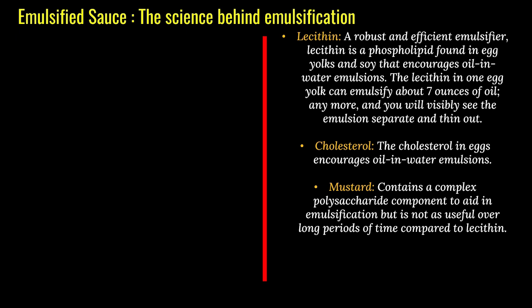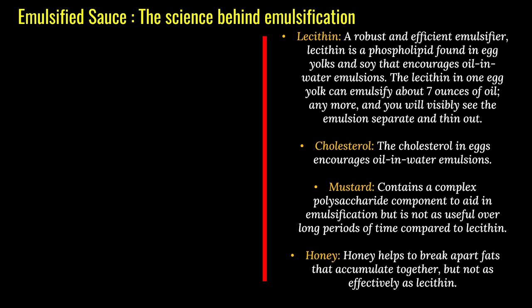So out of these three we have discussed till now, lecithin, cholesterol and mustard, lecithin is supposed to be the best one. And there is another one for you, that is honey. Honey also acts as an emulsifier, and it also brings a very sweet taste to the product. Okay.